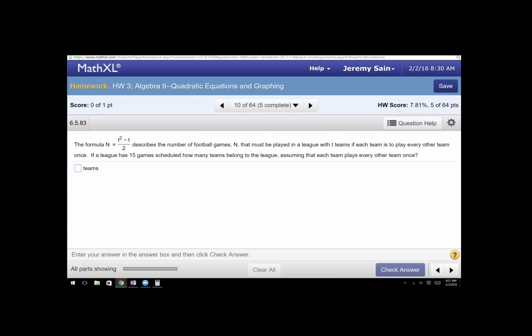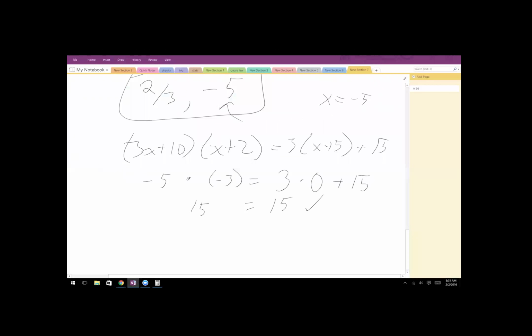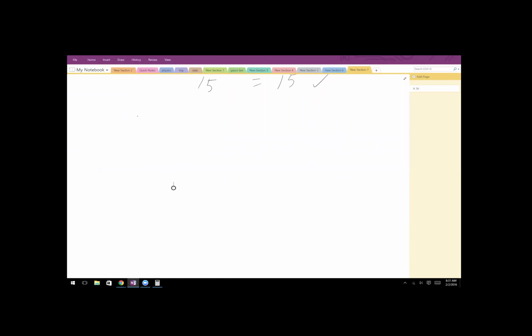So let me copy down what we got just real quick. So it says n is t squared minus t over 2. N is number of games. T is teams.